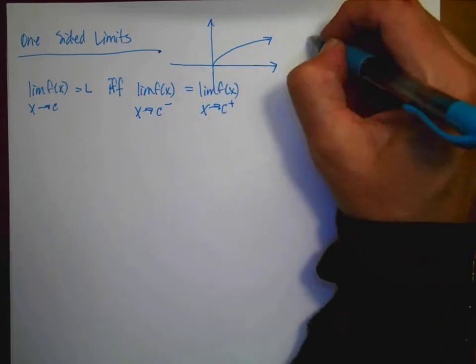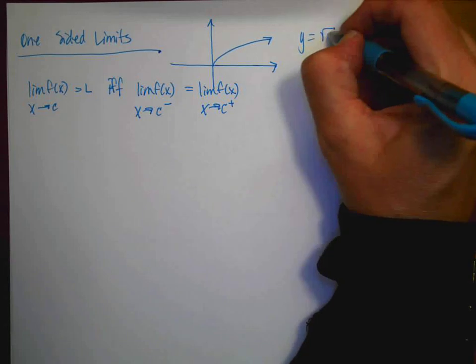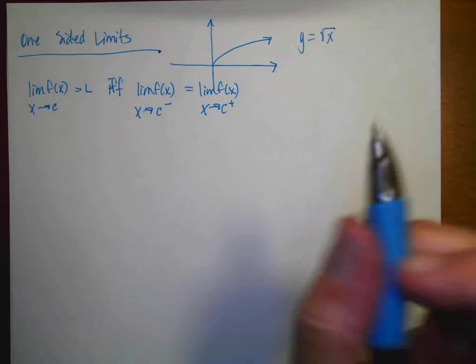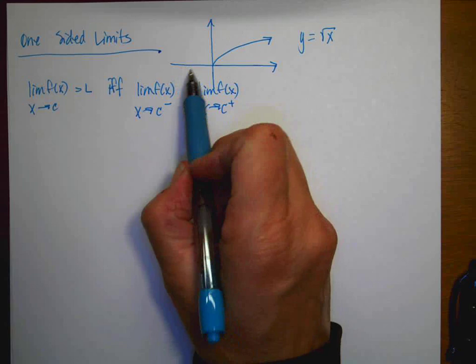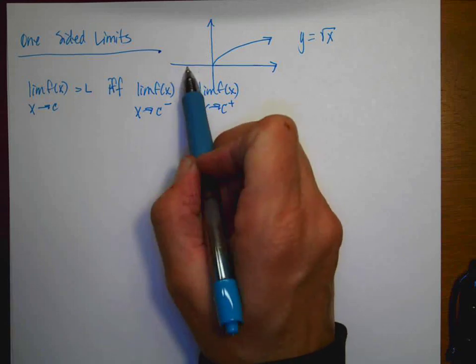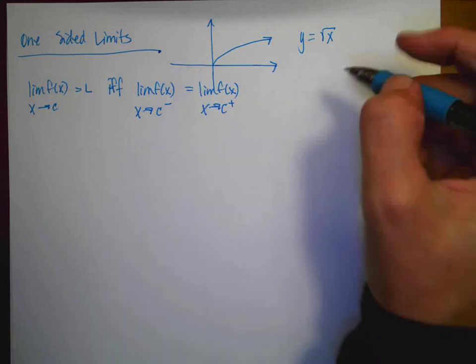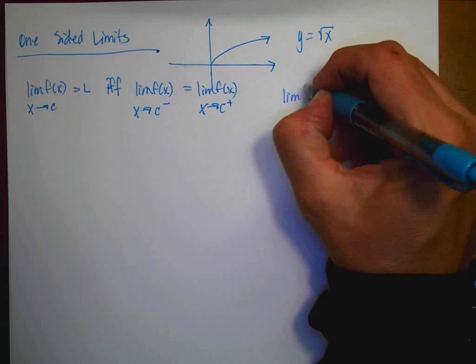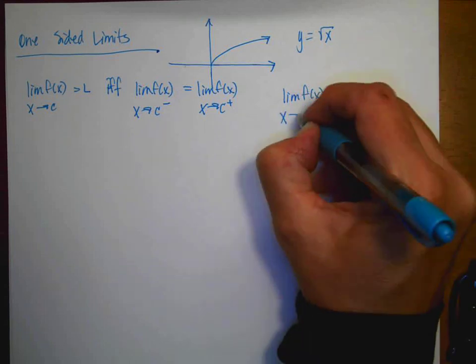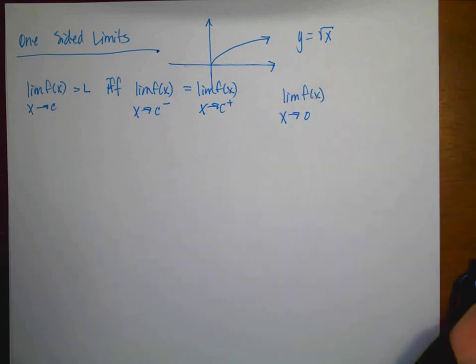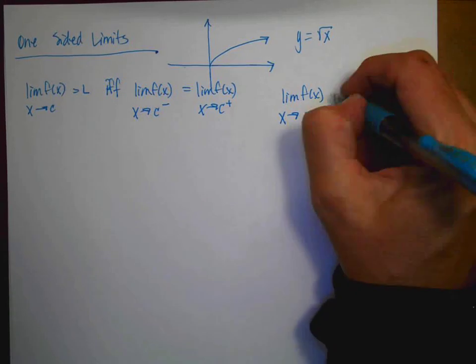But what if we have this function? This would be y is equal to the positive square root of x. There is no left-hand portion of the graph. So if I said, what is the limit of the function as x approaches 0, I can't take that limit because there's no left-hand side of the function. It does not exist.